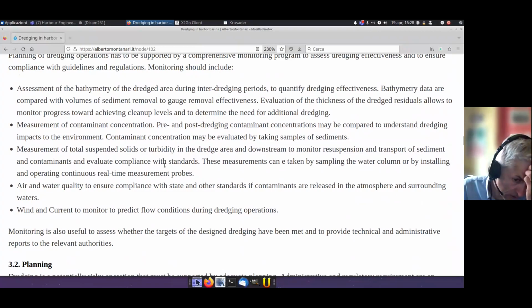Monitoring is also useful to assess whether the targets of the design dredging have been met and to provide technical and administrative reports to the relevant authorities. So usually they require careful monitoring before and after any dredging operation, in particular for bathymetry, and for quality indicators of environmental quality.